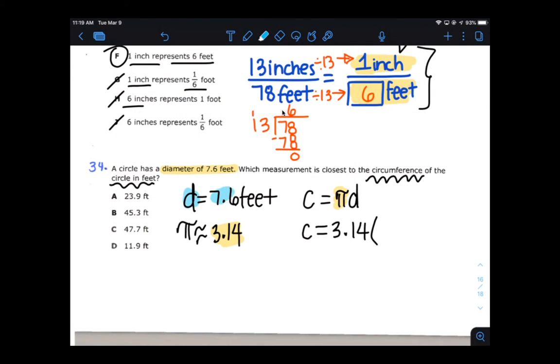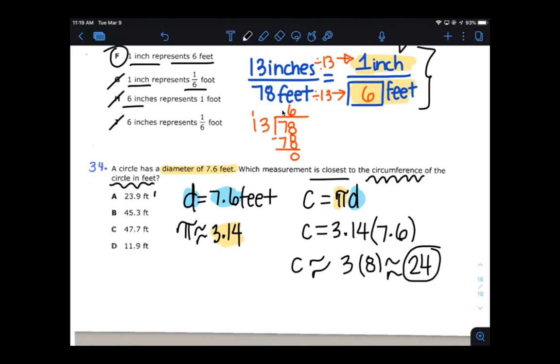The diameter is 7.6. I'm going to substitute right there, 7.6. Since it's giving me a chance to maybe round, I'm going to say circumference is going to be about 3 times, I'm going to round this to 8. 3 times 8 is 24. Out of the answer choices here, which is the closest to 24, without a doubt, is letter A.